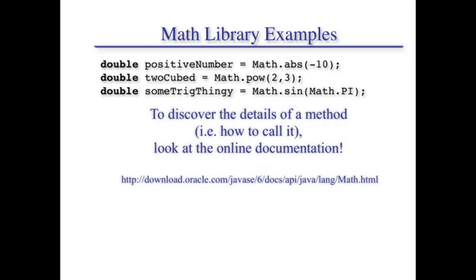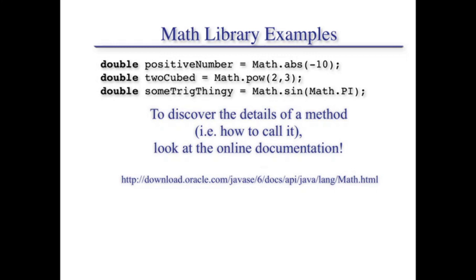Now the third example is double someTrigThingY = Math.sin(Math.PI). Here the sine function is used. The sine function, most of you might know, is used to find the sine of a value. As an argument, as you can see, Math.sin is taking Math.PI. PI is a constant that is defined inside the Math library that can be used directly without writing 22 by 7 or 3.1415.